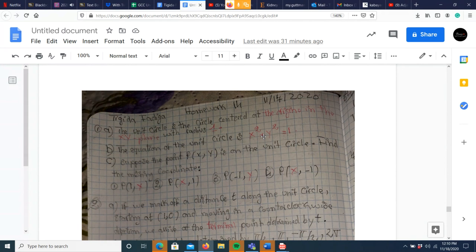Can you repeat that please? You see all those 4 points; each gives you either an x or a y value. You said you're going to use the unit circle equation to solve for the other variable. So let's see the first one. You know x equals 1. How do you use the equation to solve for y? Y is unknown here.